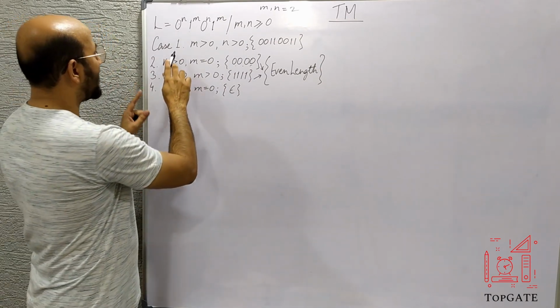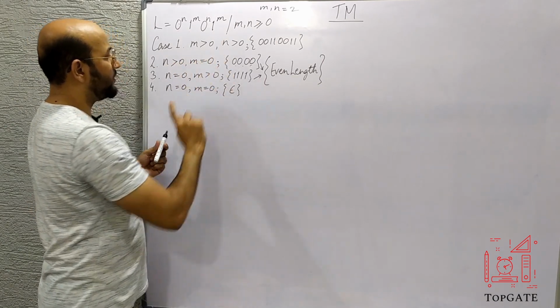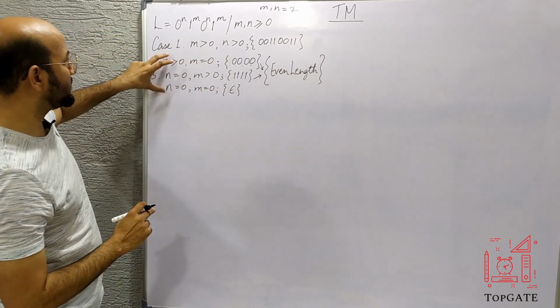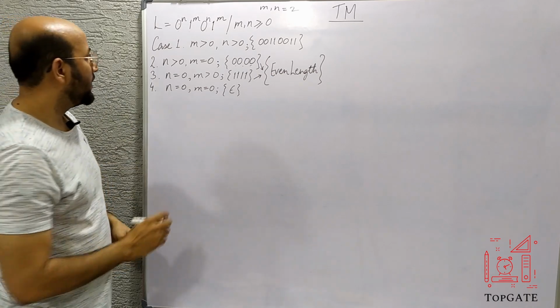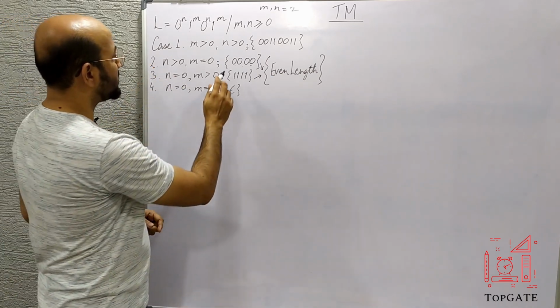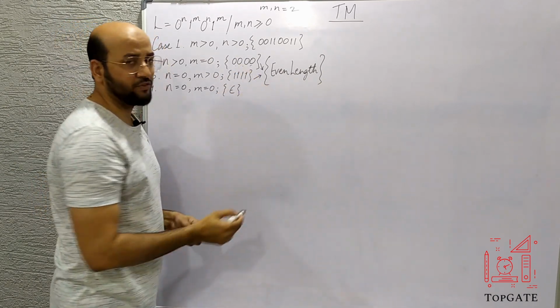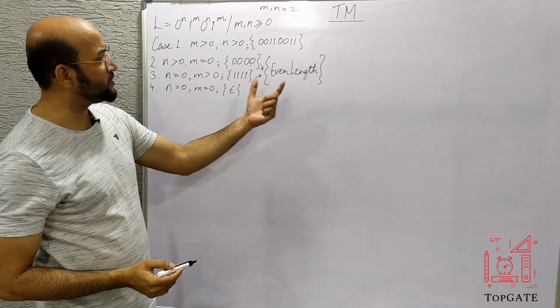I'll start with the very first case. I'll make a Turing machine for the first case and then try to incorporate the other three cases into it. Now if you see case number 2 and 3, in case number 2 the string will always be an even length string. Why am I concerned with even length?